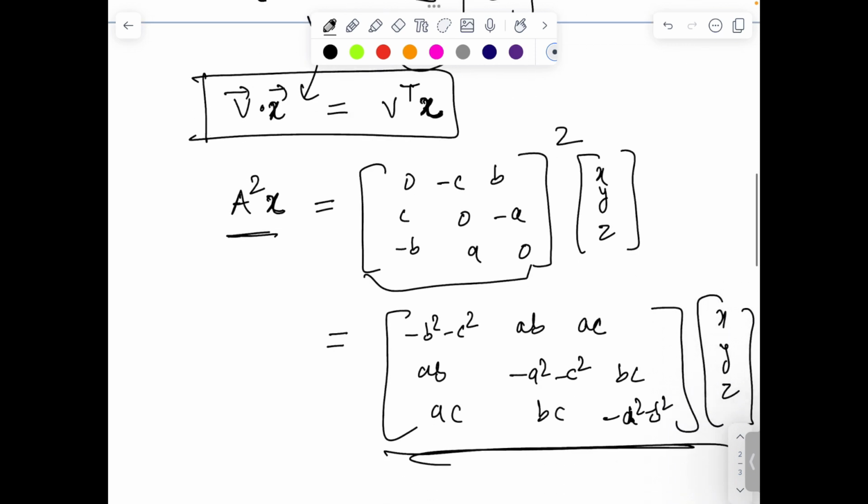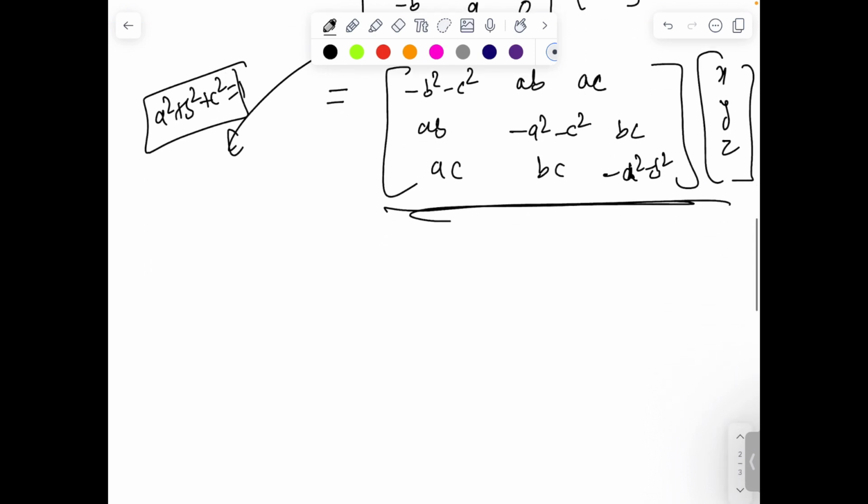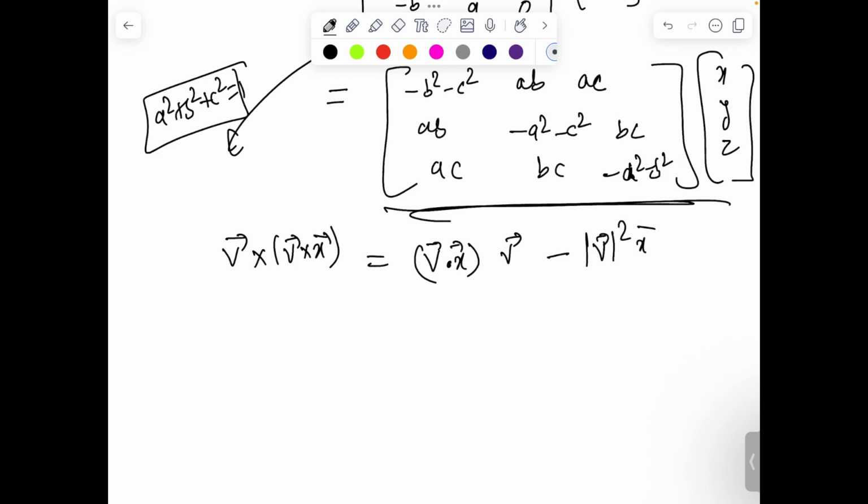And this will be the representation of the product, provided I have used a normalization, provided a square plus b square plus c square equals 1. It means A square x has got some physical meaning. Basically, b cross (b cross x) can be written as (b dot x) times the b vector minus (b dot b), which is mod b square, times the x vector.